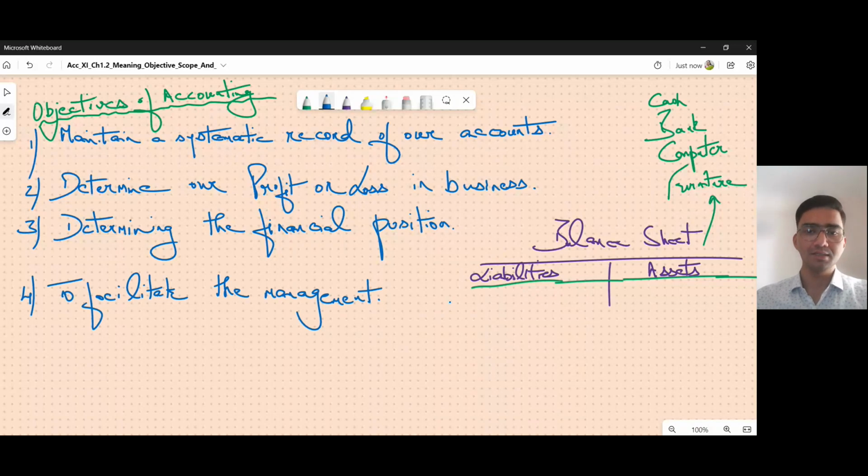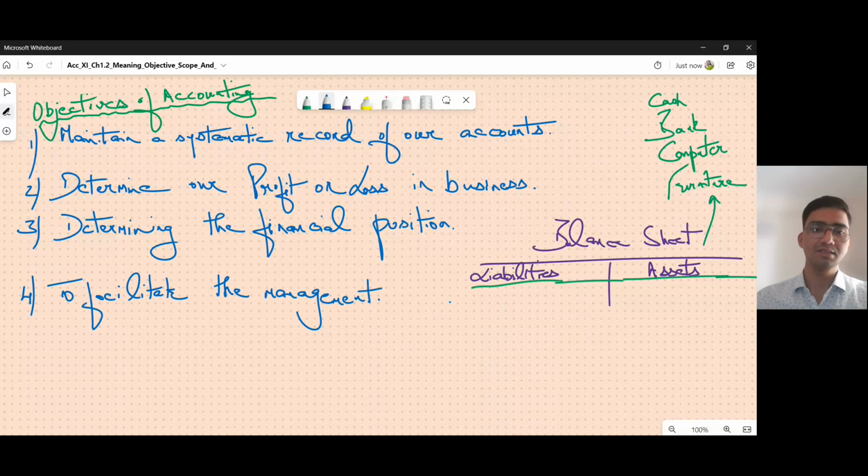So accounting is done by writing it down in the books of accounts. And how will it help the management? Because the management will refer to these transactions which you have written down in the accounts and see what is the requirement of the business. Is it required to invest more in research? Is it required to invest more in purchasing raw materials? Are the sales enough, or should the sales be increased?